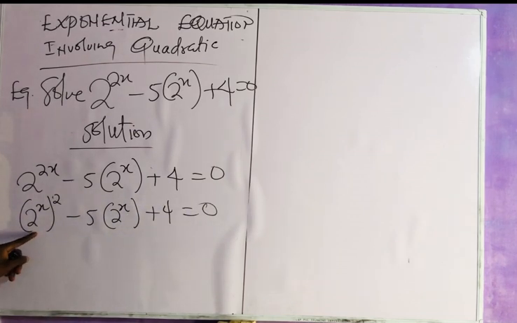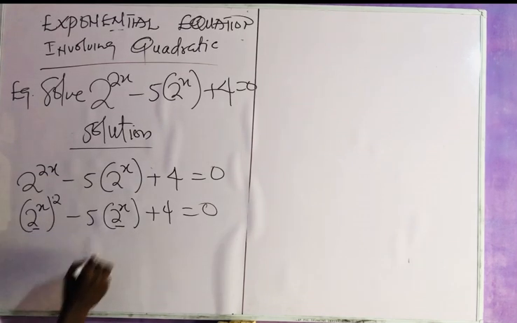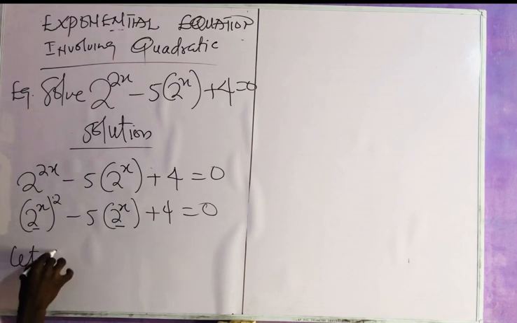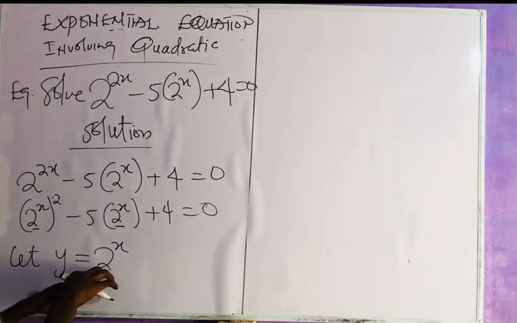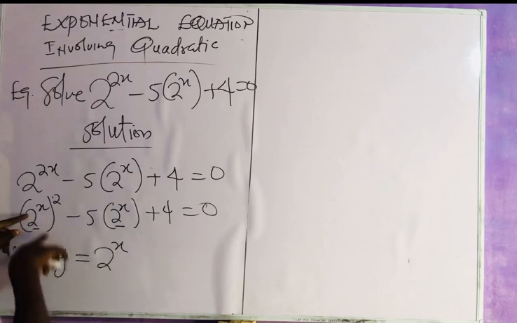Remember from the laws of indices. After getting this, because this and that are the same, you can say that let y be equal to 2 to the power x. Meaning that wherever I see 2 to the power x, I'm replacing it by what? y.